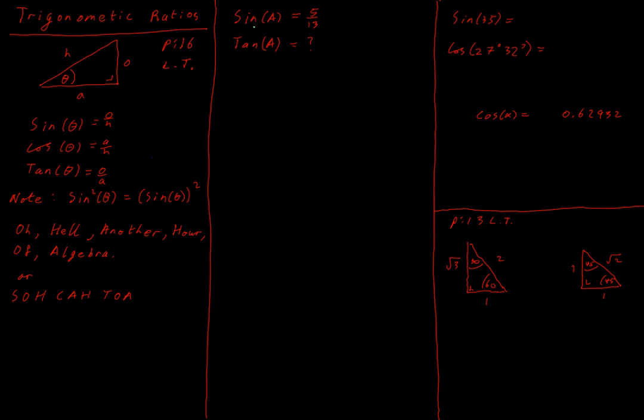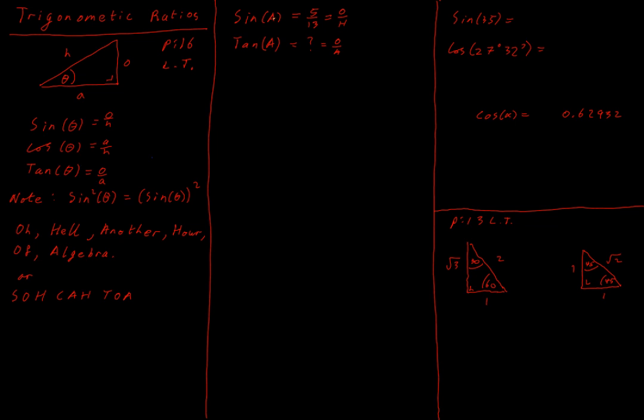If I know that sine of an angle is equal to 5 over 13, if I'm approaching this question, what do I know? What do I need to know? Well, I know that 5 over 13 must be the opposite over the hypotenuse of a right angle triangle. And tan of that angle must be the same opposite over the adjacent to the angle A.